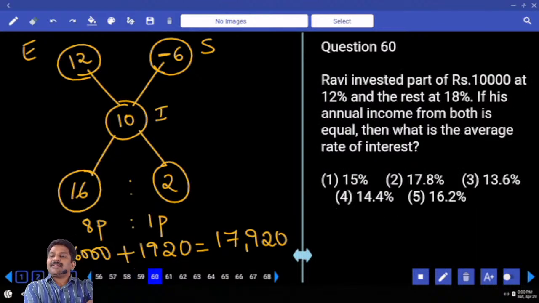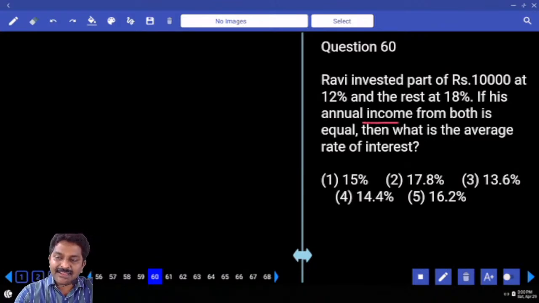Ravi invested part of 10,000 at 12% per annum and the rest at 18%. If his annual income from both schemes is equal, then what is the average rate of interest? Now they are saying income from both schemes is equal.